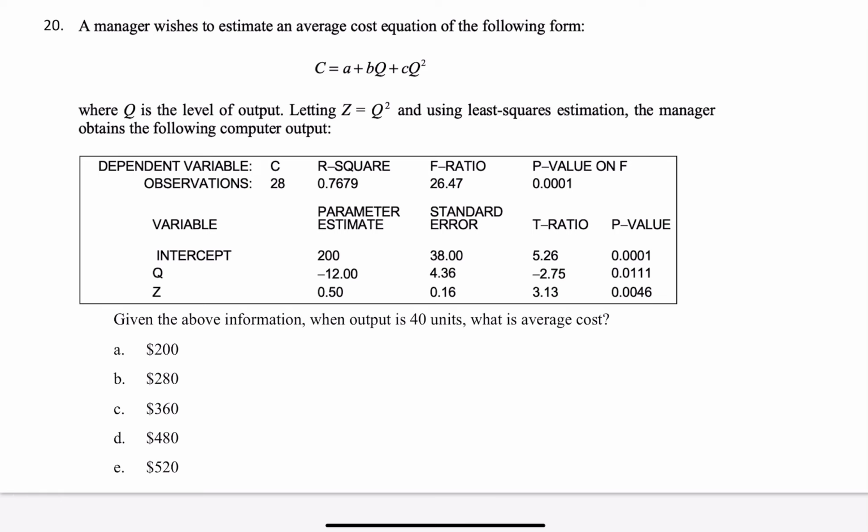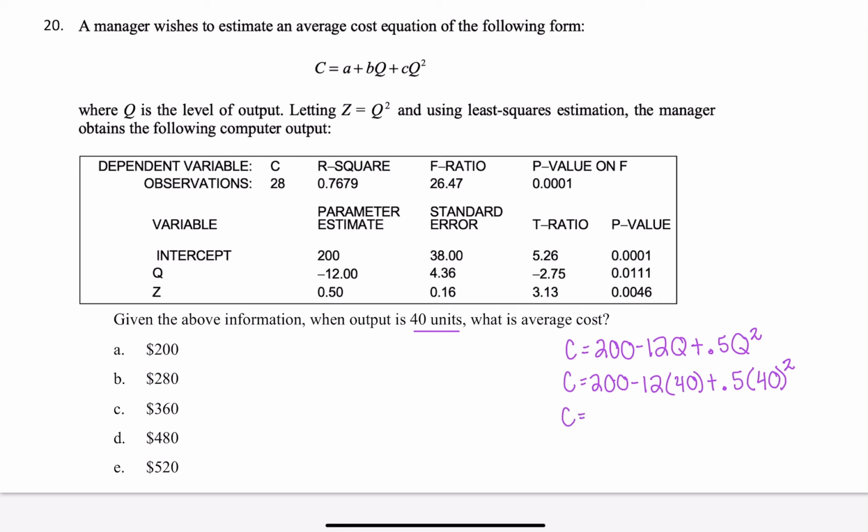And then the last one is just plugging in some math. So we have C equals 200 minus 12Q plus 0.5 q squared. We're going to plug in 40 for our q. So C equals 200 minus 12 times 40 plus 0.5 times 40 squared.